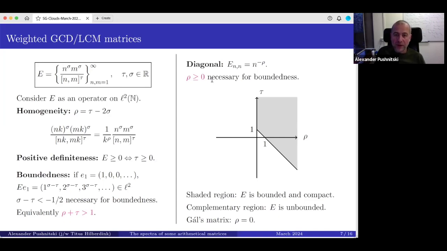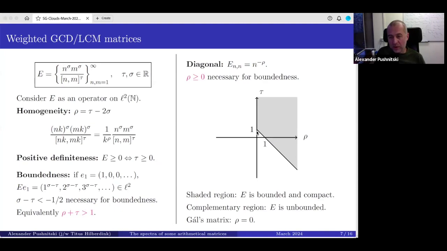So we have identified two conditions necessary for boundedness: rho is greater than or equal to 0, and rho plus tau greater than 1. It turns out that this precisely describes the conditions for boundedness. Let's just ignore boundary cases.